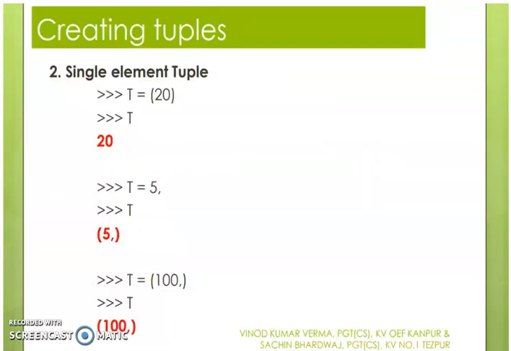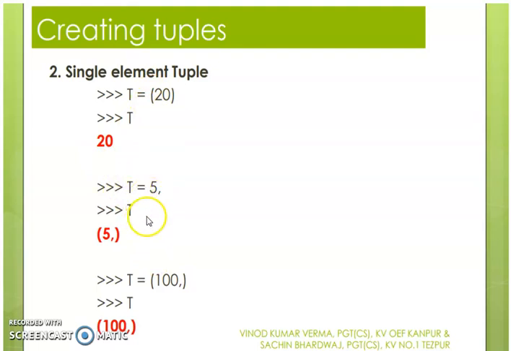The next one, single element tuple. To create a single element tuple, either you can write t is equal to, then the element given in between parentheses. Then when you print this tuple, you will get this answer 20, because we gave this 20 in between the parentheses.